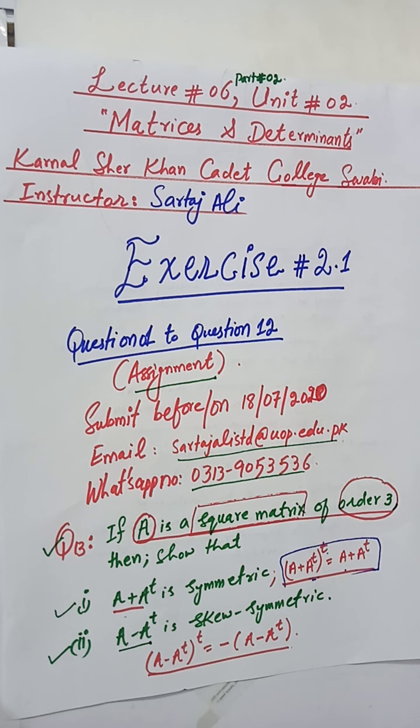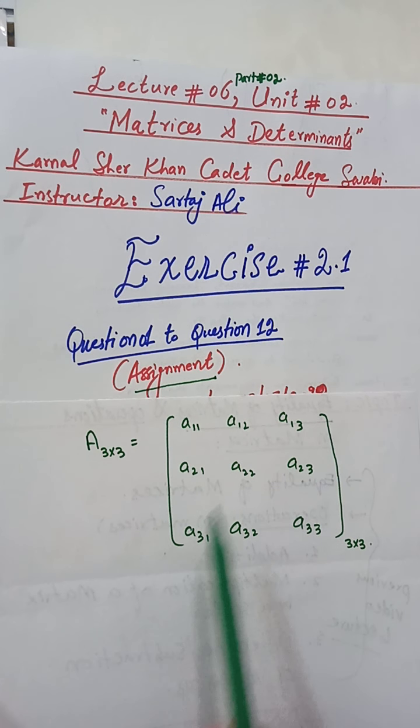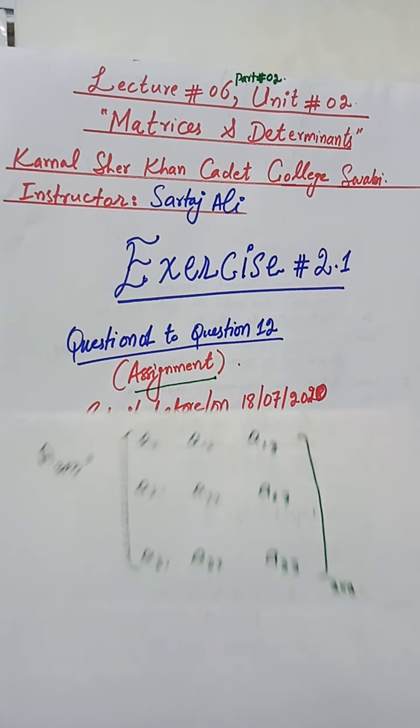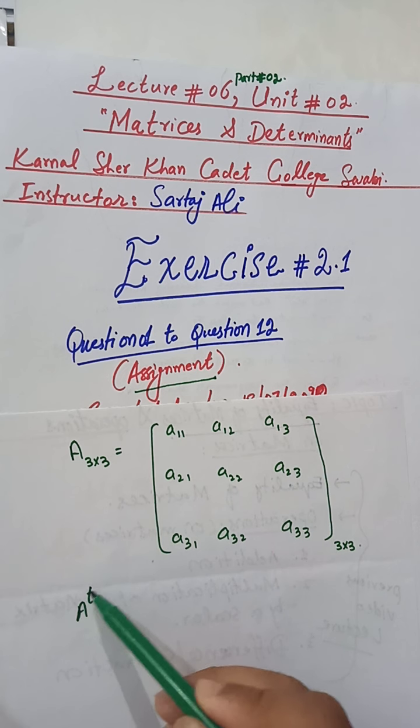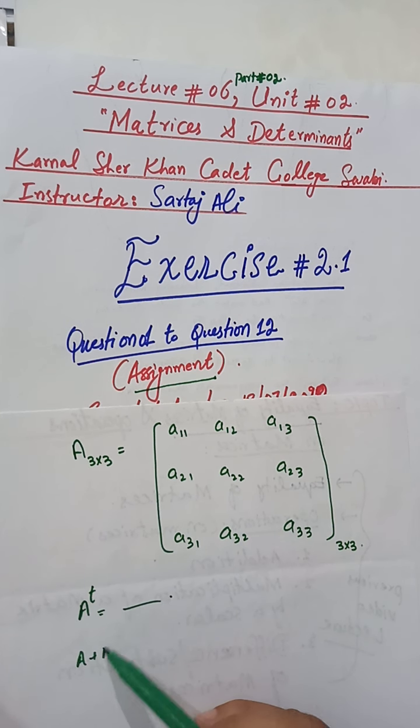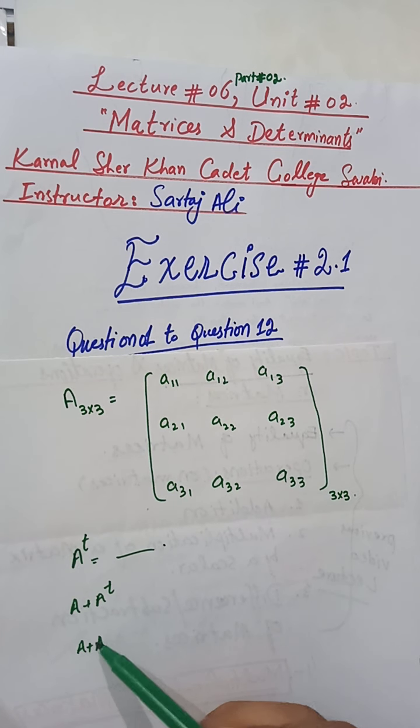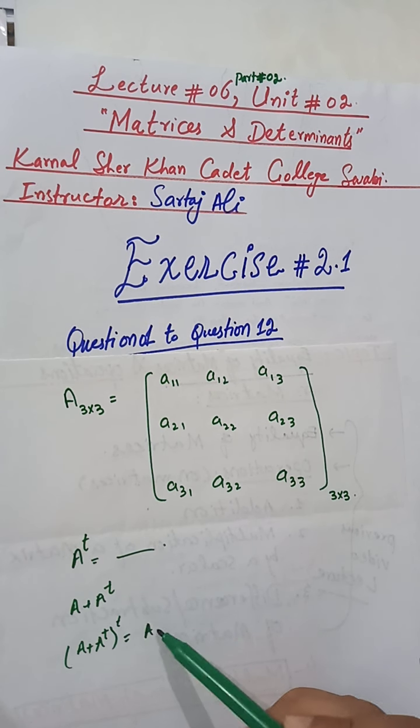In the previous video lecture, we considered a general square matrix of order 3 by 3, took the transpose of that matrix, added, and then checked this property. We found A plus A transpose, took its transpose, and showed that it is equal to A plus A transpose.